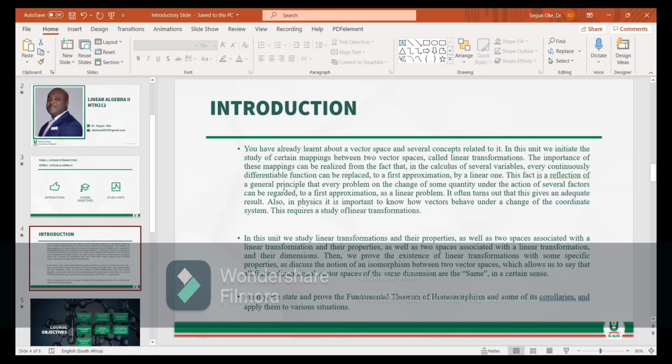And it often turns out that the results are adequate also in physics, in engineering, in computer science, in machine learning. All these are important, and even in construction, it is important to know the change of coordinate system. This requires the study of linear transformation.